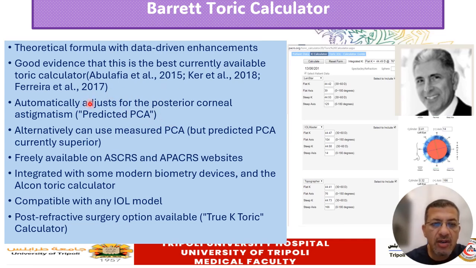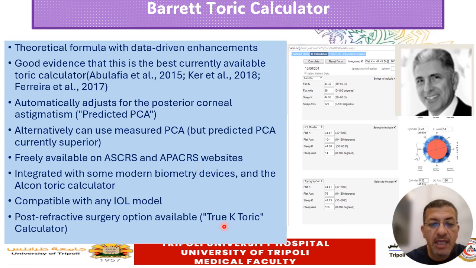It measures the anterior corneal astigmatism, but it predicts the posterior corneal astigmatism. They say that there is no superiority of the measured value of the posterior corneal astigmatism over the predicted value. It is now incorporated in most of the IOL biometer machines, and also available on the Ascers website and the ESCRS website. There is also another version available for post-LASIK cases called TrueK.